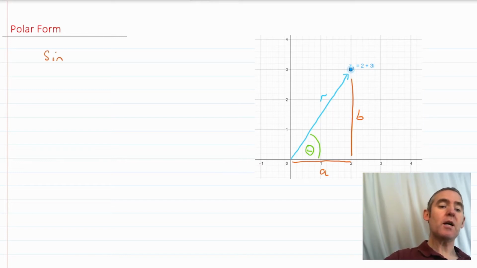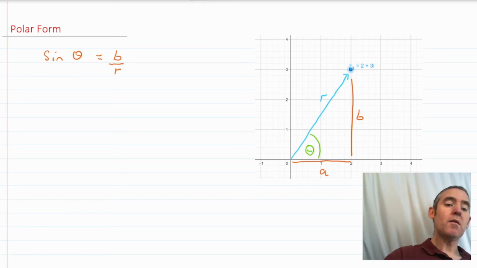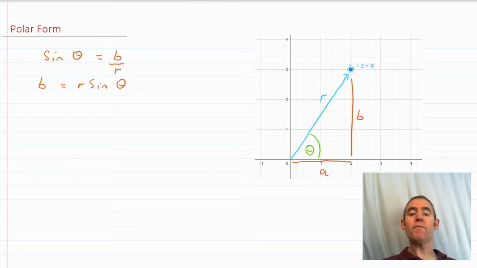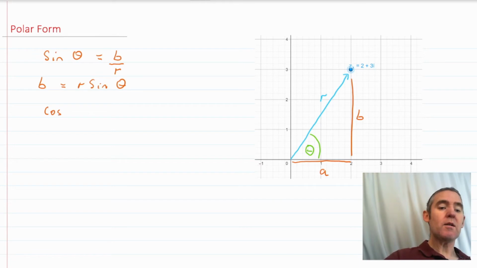The sine of theta is B over R, so B is R sine theta. And then A, if we try to find A, the cos of theta is A over R, so A is R cos theta.